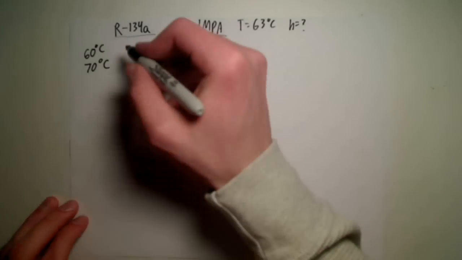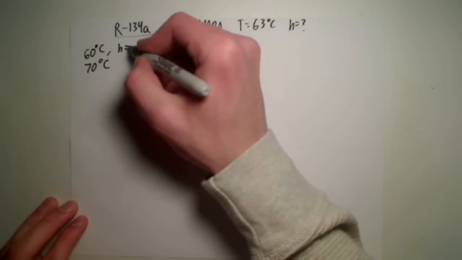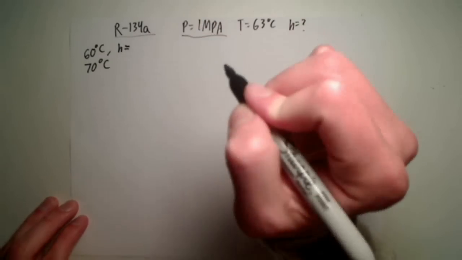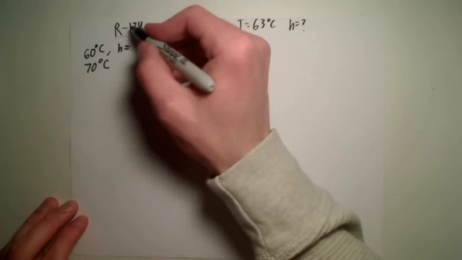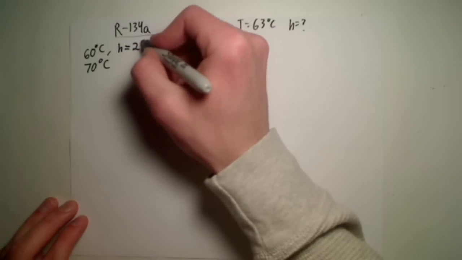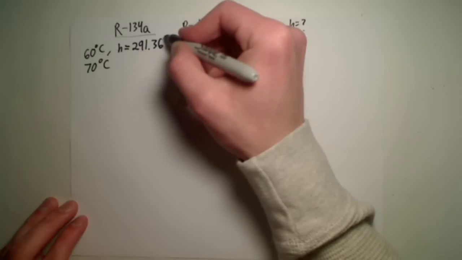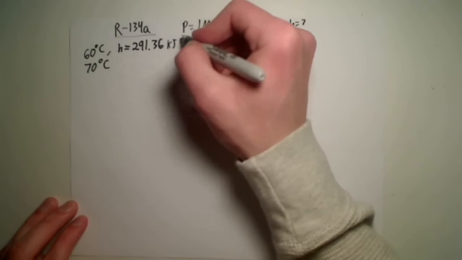What I want out of there is the enthalpy. The enthalpy at 60 degrees Celsius and 1 megapascal of refrigerant R134A equals 291.36 kilojoules per kilogram.